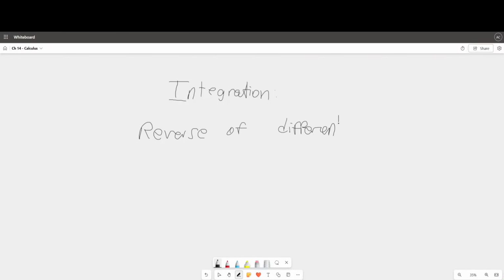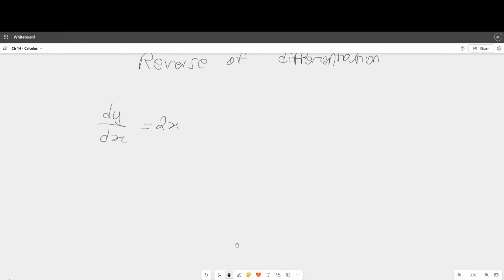So what does that mean? Well, if I tell you that dy by dx is 2x, and we know that 2x is the derivative of x squared, you can say that y is equal to x squared. So differentiation is going this direction, integration is going this direction. It's the exact opposite, or it's the exact reverse.